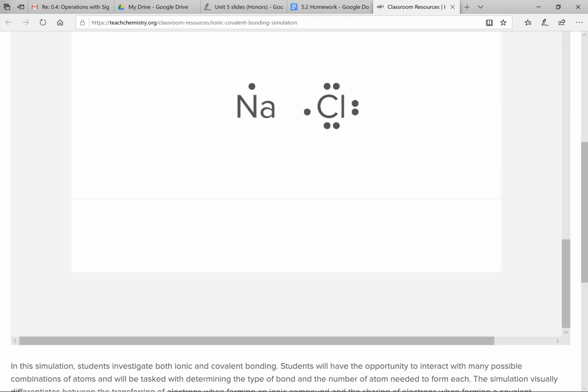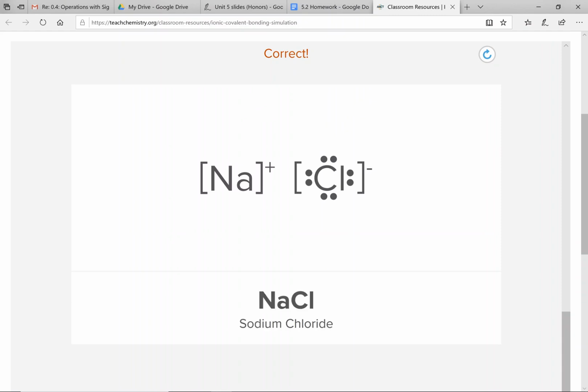So then it shows you up here them combining, and it says correct, right? 1 positive, shown here as an ion, 1 negative, and then, oh, will it actually show you the ions going through? Oh, no. And then it gives you the name, right? The symbol here, the formula name, and then the written name, sodium chloride.